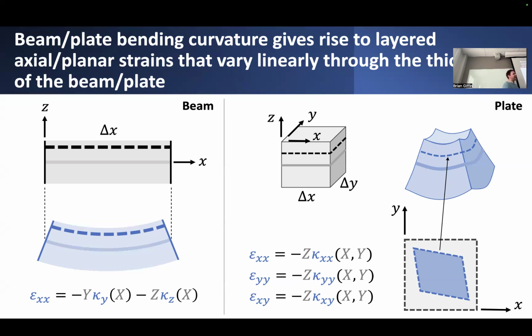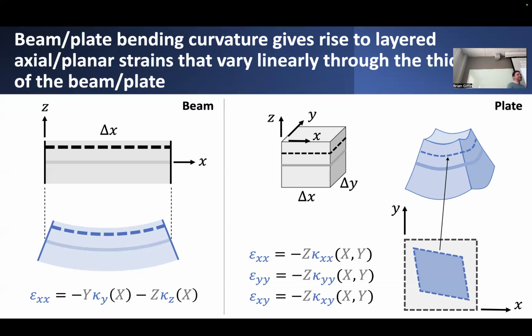We can see that it varies linearly as a function of z measured relative to the neutral axis. If I go up and take a positive value of z and plug it in here, if I have a positive value of bending curvature corresponding to kind of a happy smiling face in terms of how the beam is deflecting, that's kind of our positive sign convention for bending curvature.